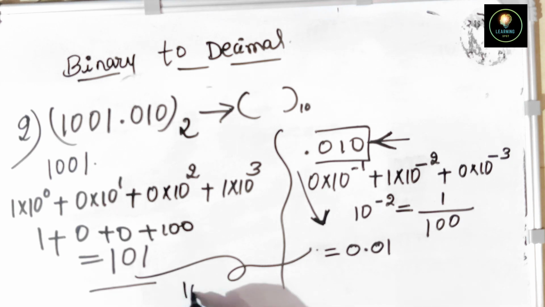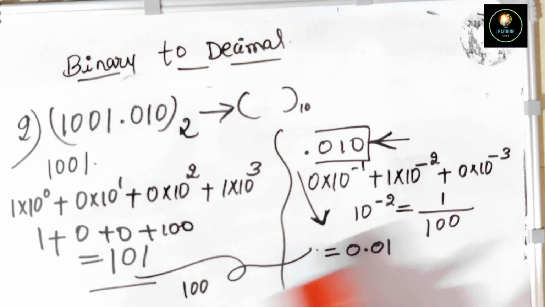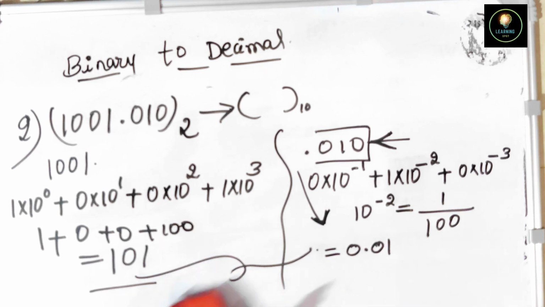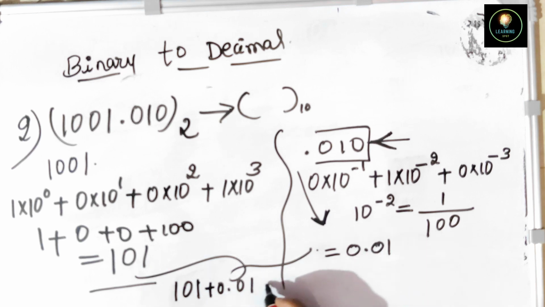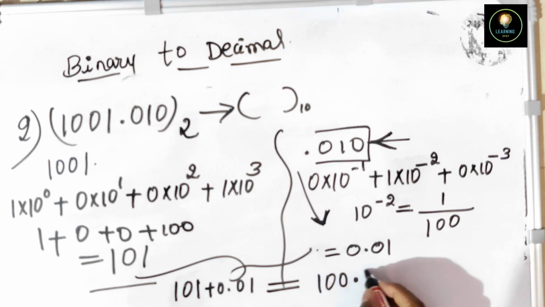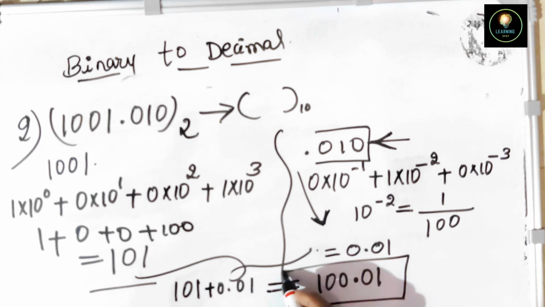Now the final answer is obtained by adding these two values which we have obtained by the conversion method. So 101 plus 0.01 is equal to 101.01. So this is the final answer for this question.